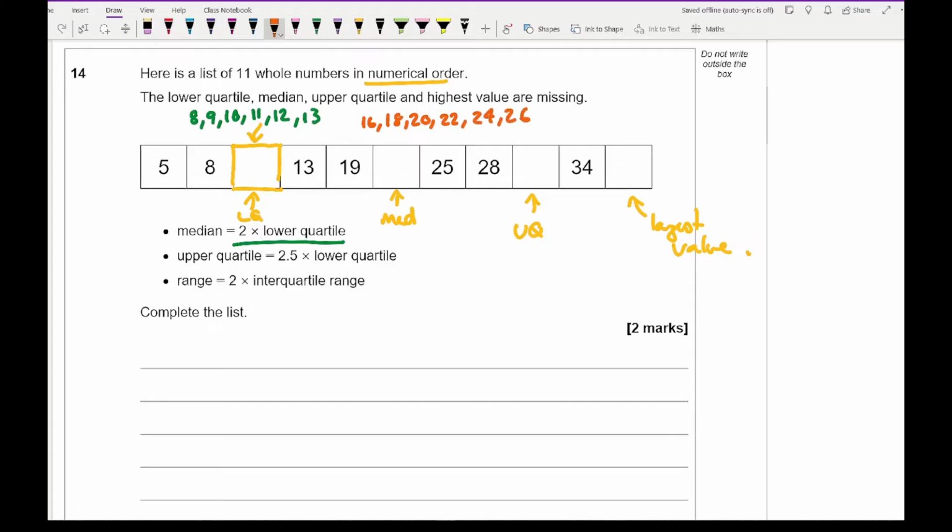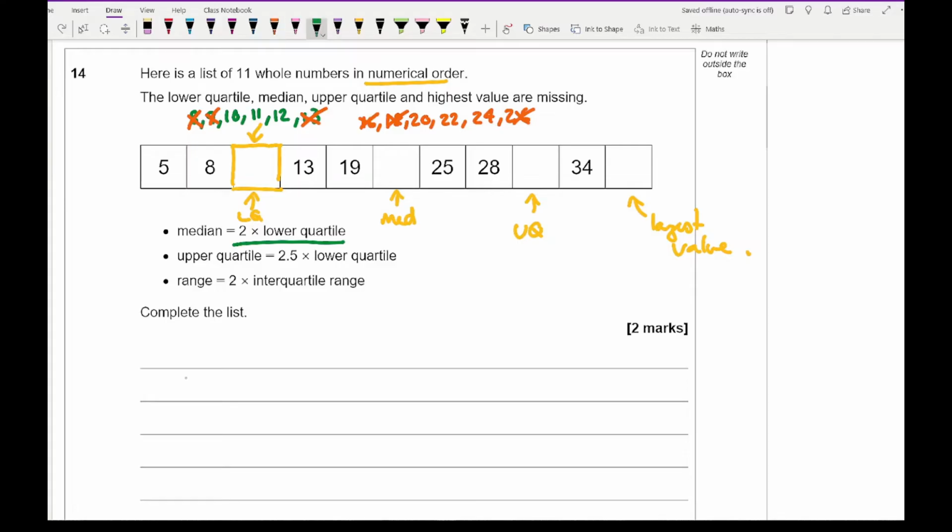Now because these numbers are in order, I know it definitely can't be 16, it definitely can't be 18, so therefore it can't be 8 and it can't be 9. I also know it can't be 26, so that discounts 13 as well. So the possible numbers for the lower quartile are either going to be 10, 11 and 12. And for the median it's going to be either 20, 22 or 24.